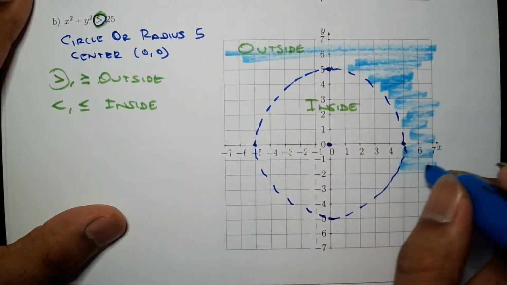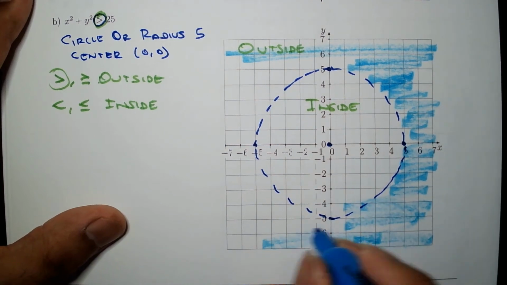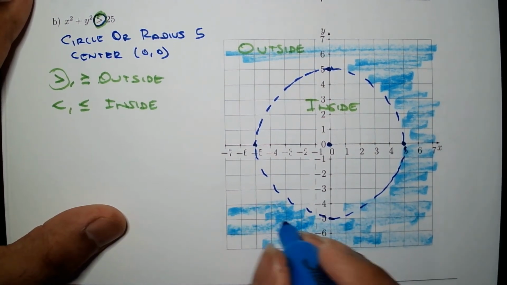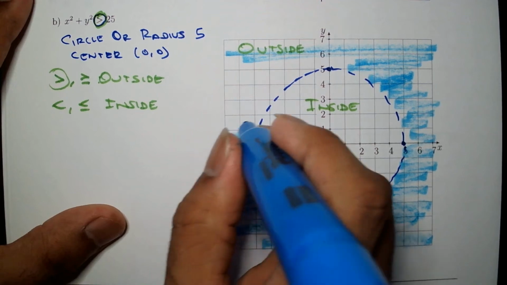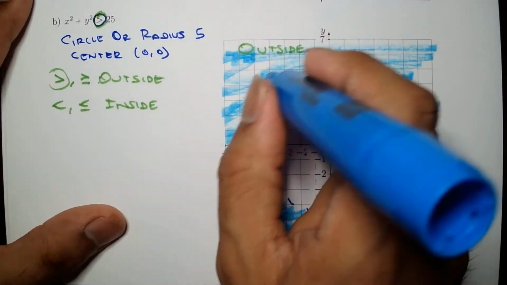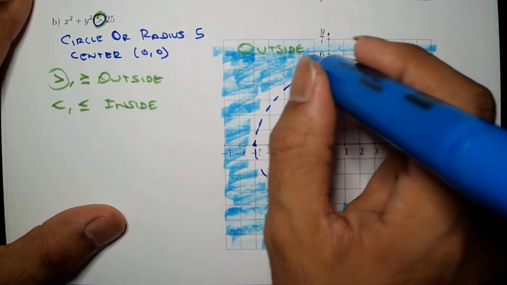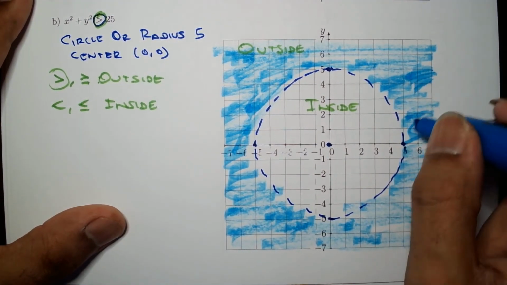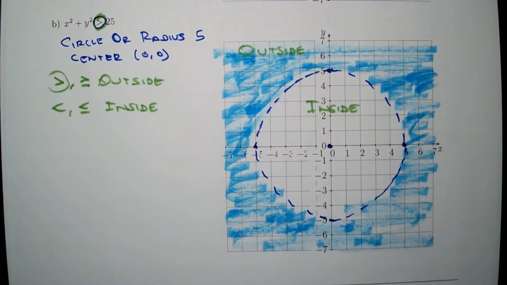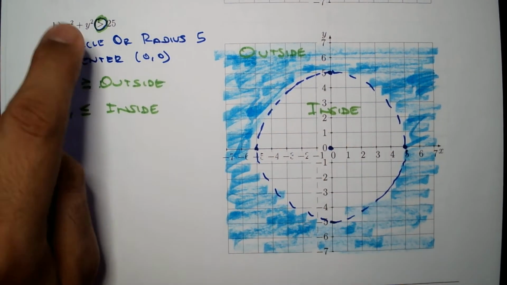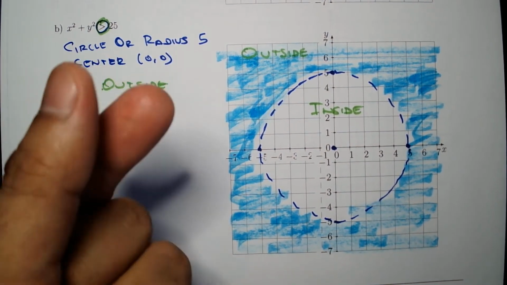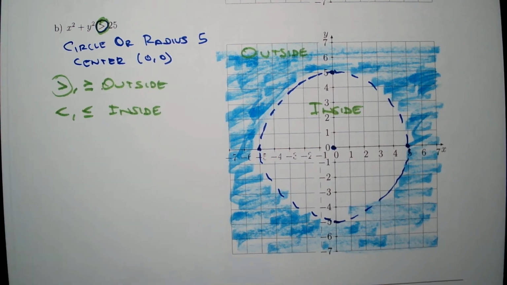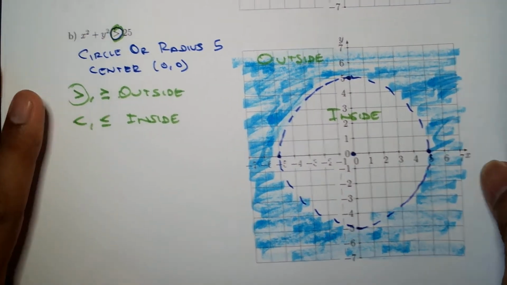Not inside, outside. All right. So that's where we shade. Otherwise, we would have shaded inside if we had the inequality sign in the reverse form, you know, like this.